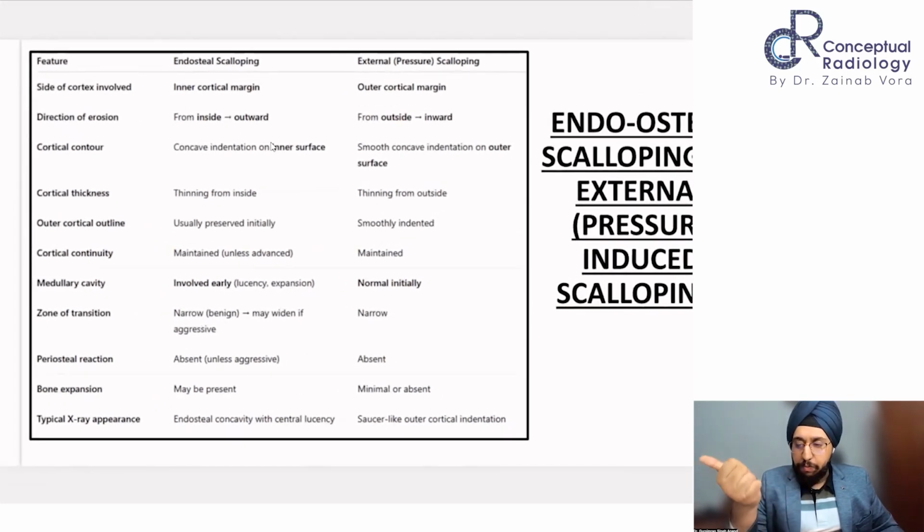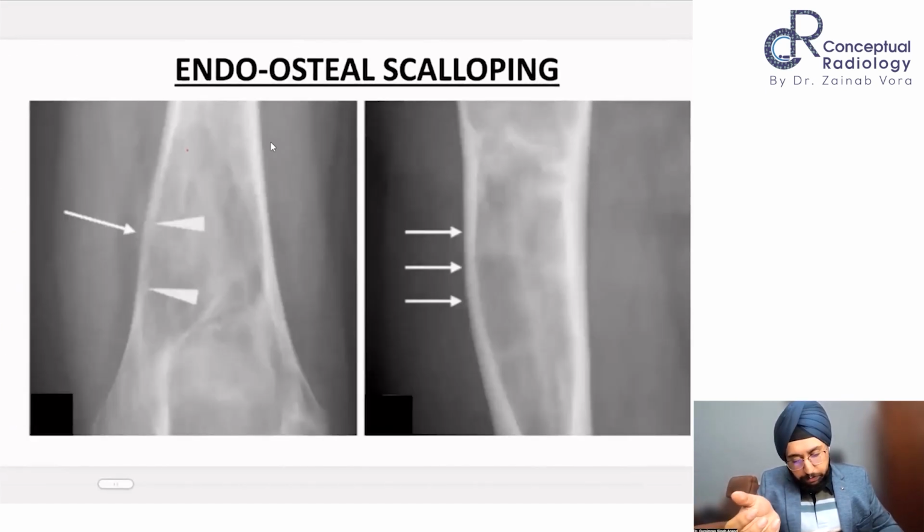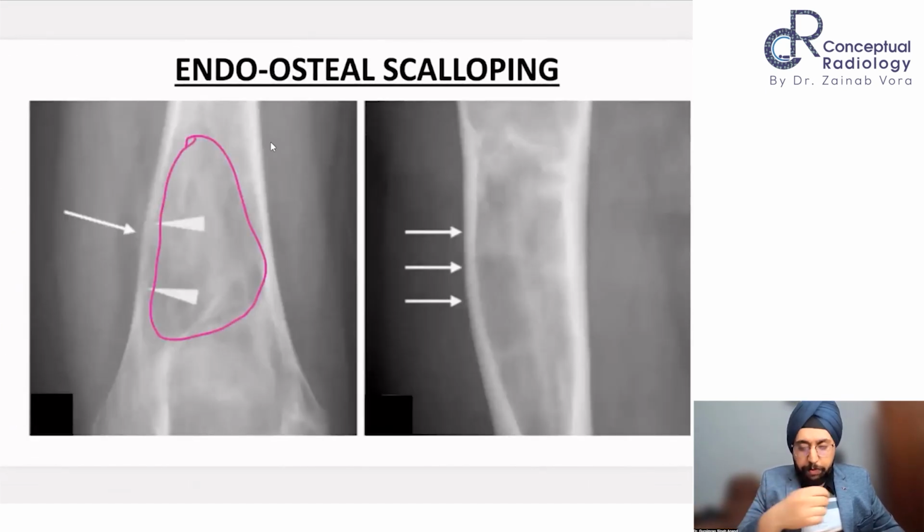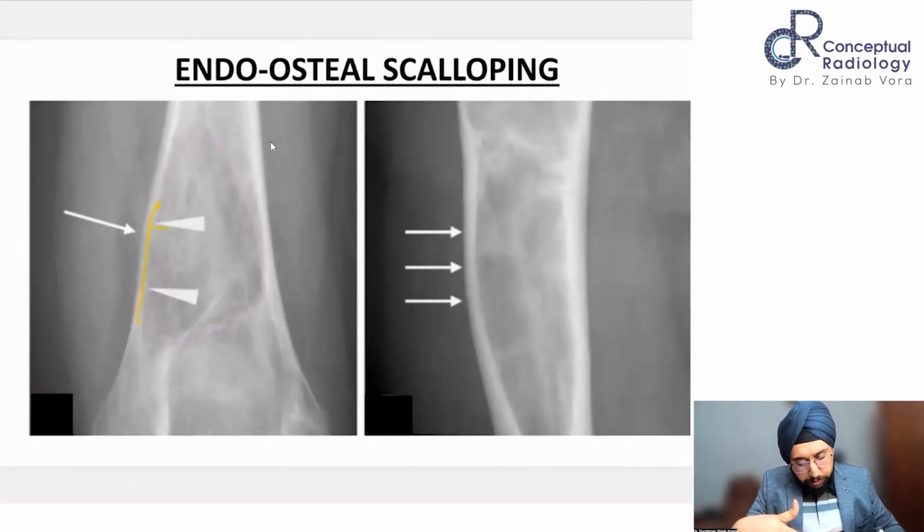Okay, so I hope it's clear. I suppose you know the difference between the endosteal scalloping and the external scalloping. Okay, I'll show you an example. So we need to have some intramedullary lesion. Okay, so that will be causing the thinning of the cortex from the endosteal end. So that is why we call it endosteal scalloping.